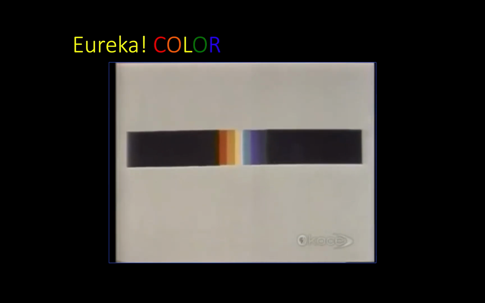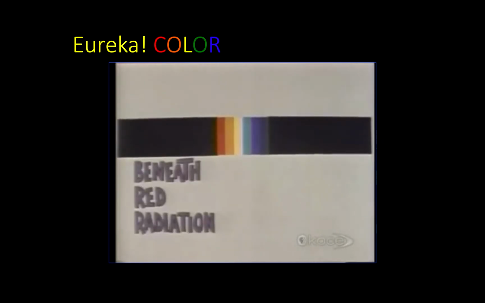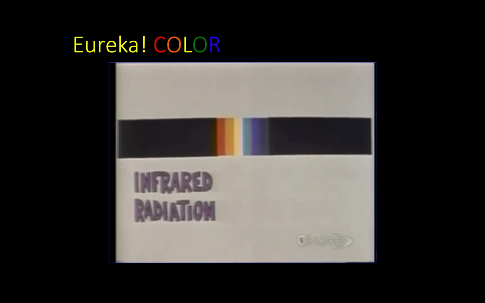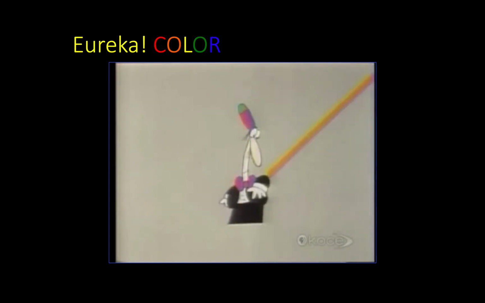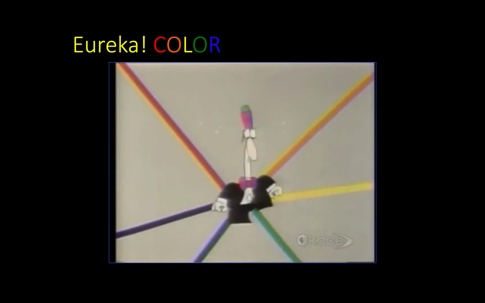There is, for example, some invisible radiation just beyond or beneath the red. Since the Latin word for beneath is infra, this is called infrared radiation. Now, most of the sun's radiant heat energy comes to us in the visible and the infrared parts of the spectrum.